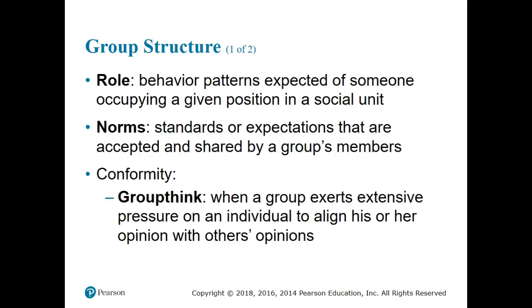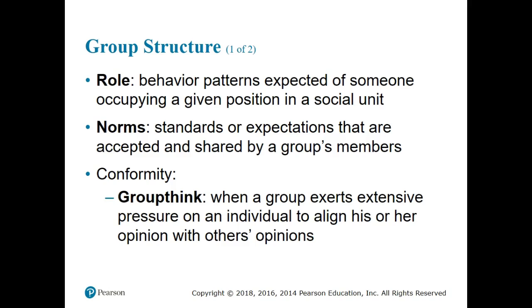In such a case, the group often exerts intense pressure on the individual to conform to others' opinions, a phenomenon known as groupthink, and we covered groupthink, I believe, in Chapter 1. Groupthink seems to occur when group members hold a positive group image they want to protect, and when the group perceives a collective threat to this positive image.